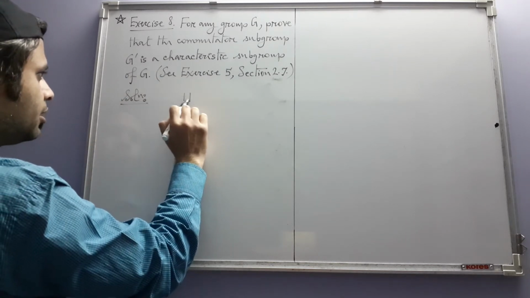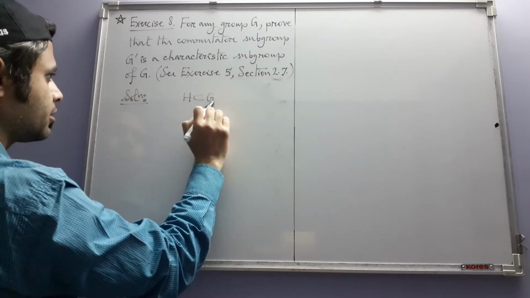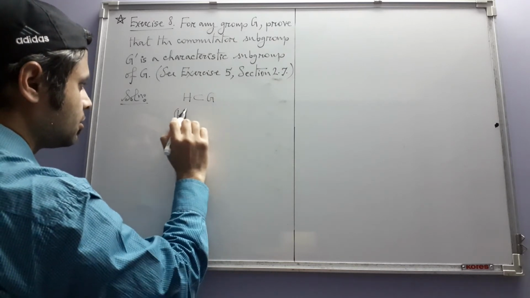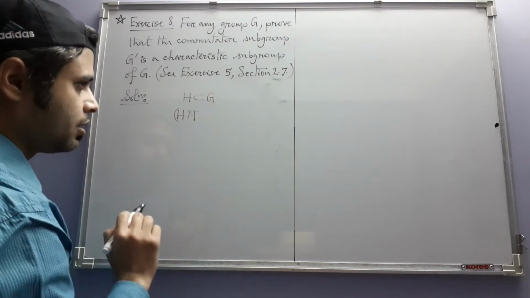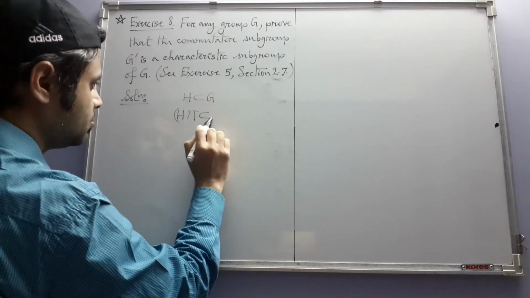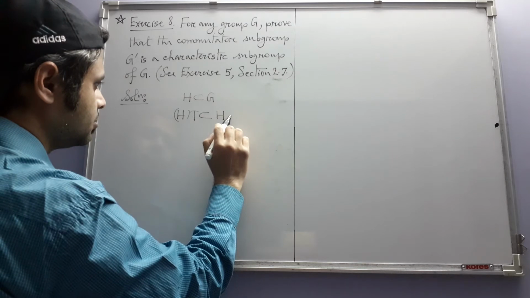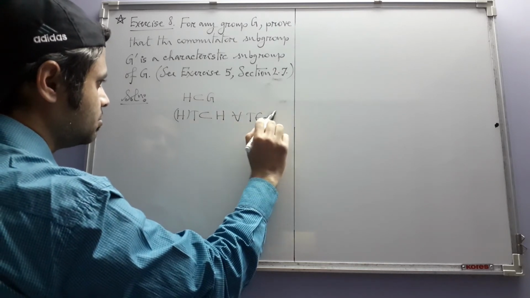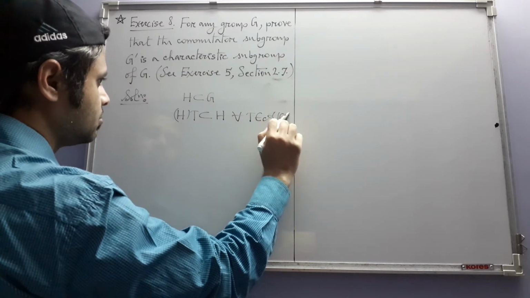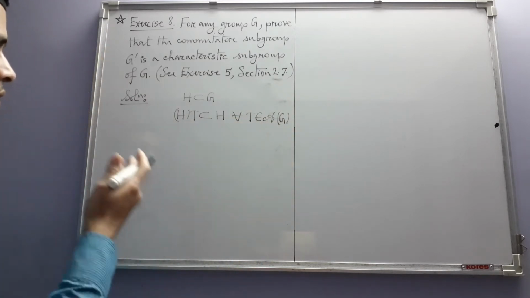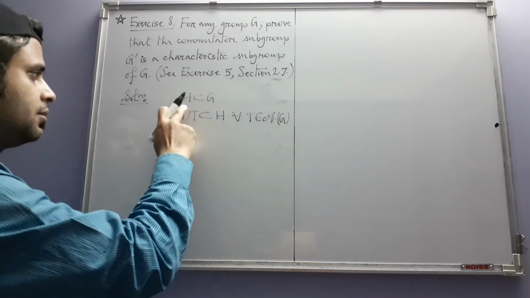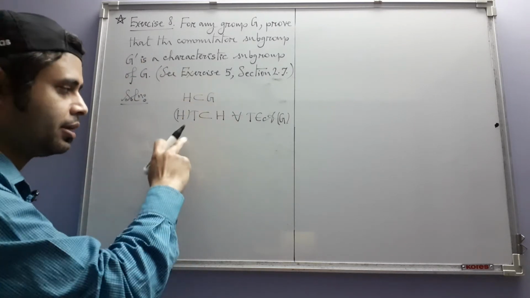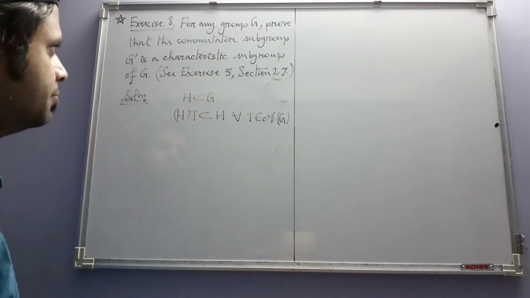A subgroup H of G is called a characteristic subgroup of G if the image of H under any automorphism of G is again contained in H, for all automorphisms T of G. Now we have to prove that if you have the commutator subgroup of G in place of H, then these things happen.